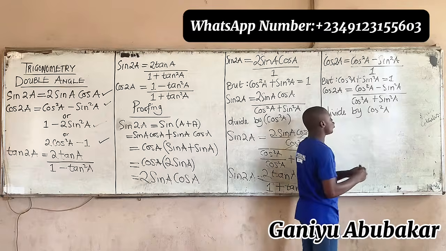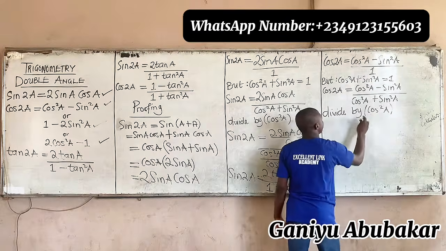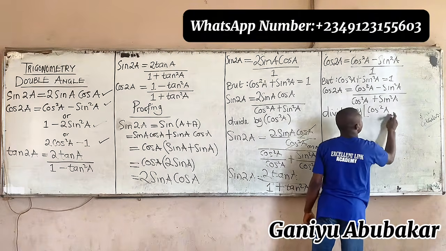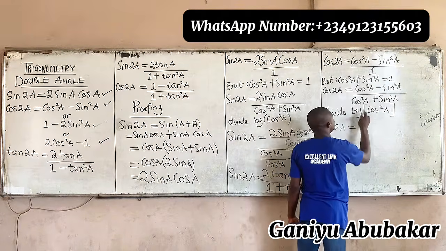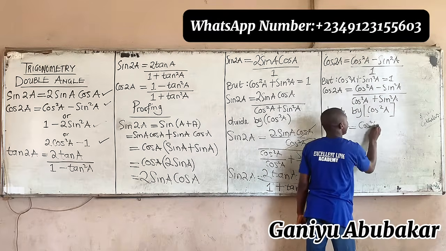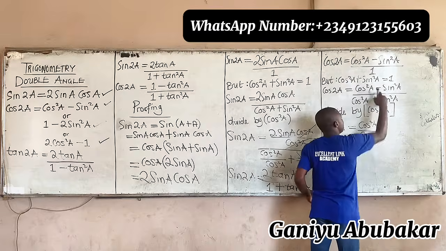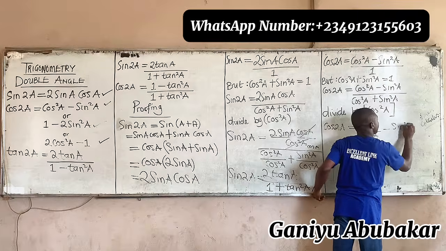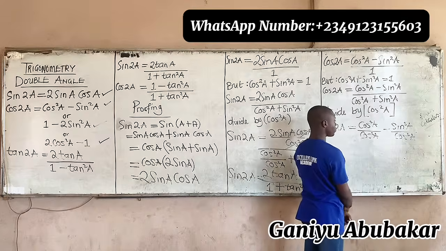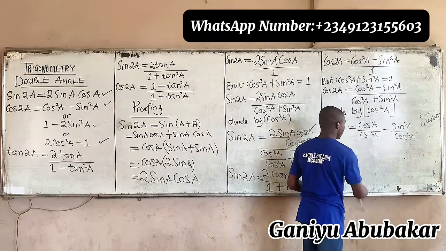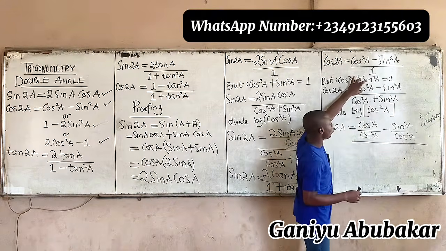I said divide each term by that cos squared A. So cos 2A now can be expressed as, pick out the numerator, cos squared A over, divide by cos squared A, minus sine squared A, divide by that same cos squared A, all over, that's for the numerator alone.